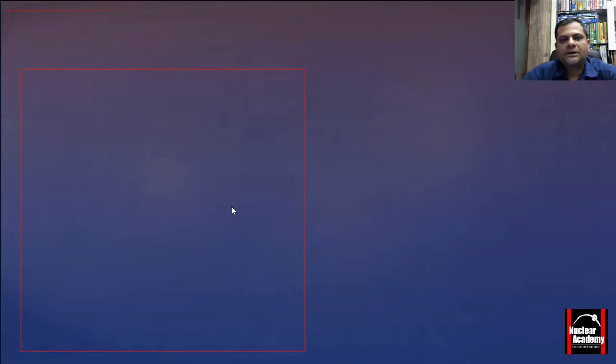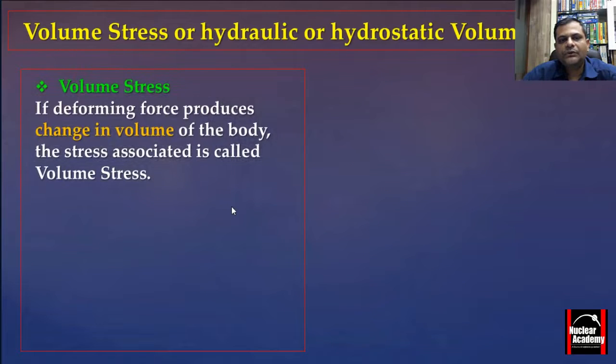Okay. The next thing is about volume stress, or it is also called hydraulic stress. What is volume stress? Whenever the deforming force produces a change in volume of a body, then the stress associated with it is called the volume stress.